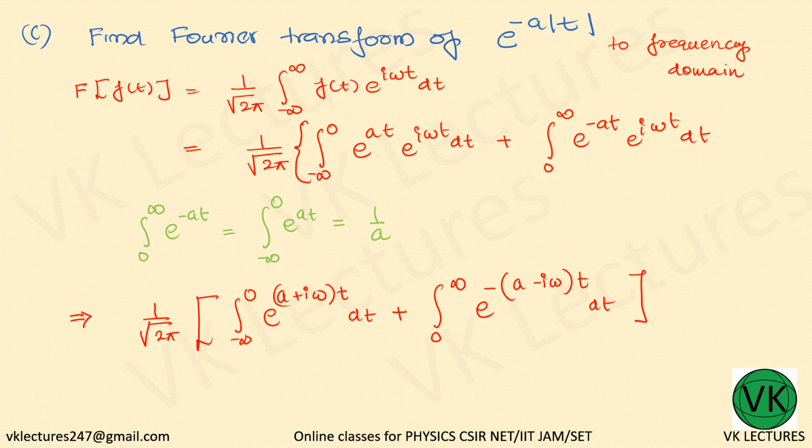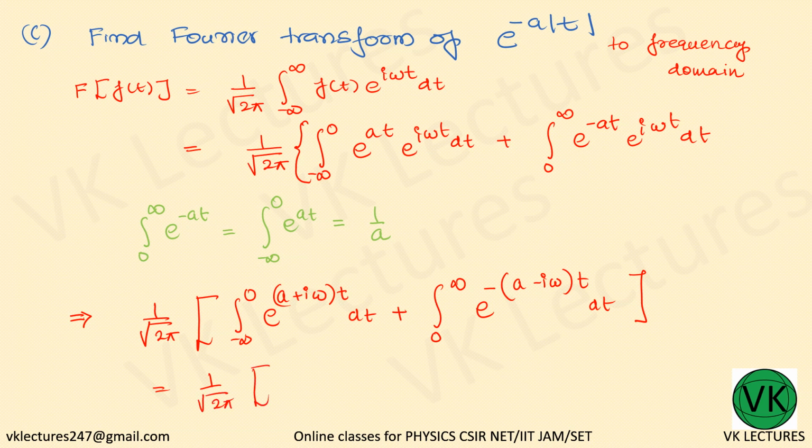So this becomes e to the power something here, and here also e to the power minus something. So that's equal to 1 divided by root of 2 pi.